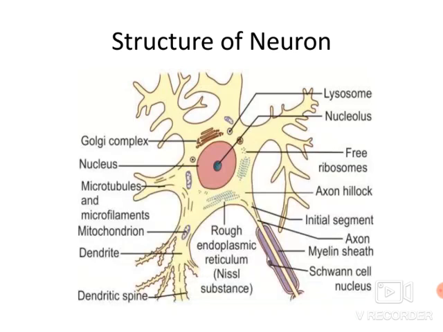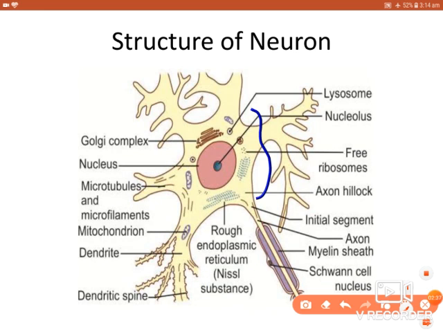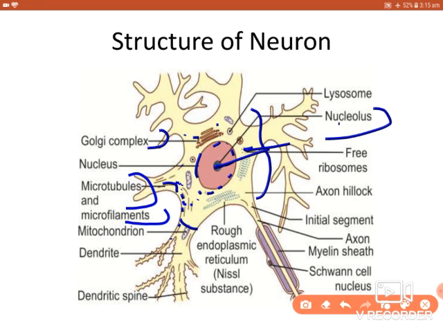Coming to the structure of the cell body of this neuron, it has a central nucleus with its prominent nucleolus. Then the cytoplasm consists of the Golgi complex, ribosomes, centrioles. Then the neurofibrils, which include microtubules and microfilaments, are responsible for cellular transport.